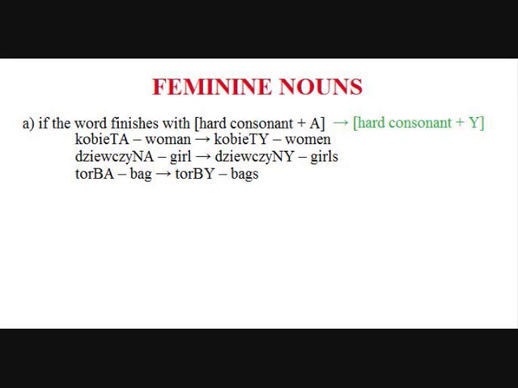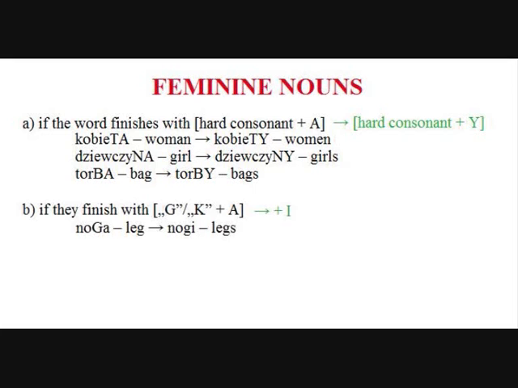For example, kobieta, woman, kobiety, women, dziewczyna, girl, dziewczyny, girls, torba, bag, torby, bags. The other example, if the noun finishes with g or k plus a, you need to put an i, e, instead of this a. For example, noga, a leg, nogi, legs.